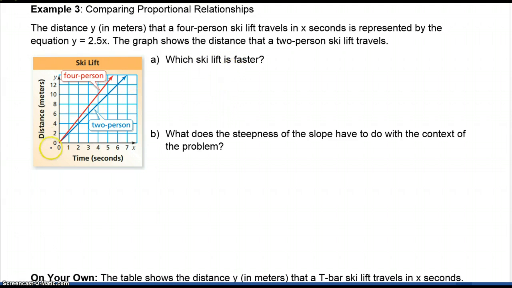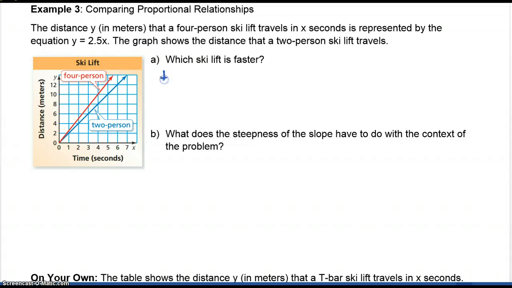Well, faster would mean it's going to get up the mountain first. So you want to gain more distance in a shorter time, or more height in a shorter time. So let's see if we can figure out which one has the higher constant of proportionality or slope. So let's just go slope.